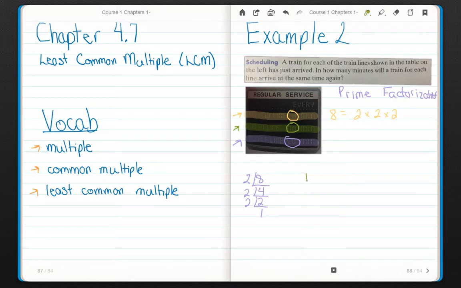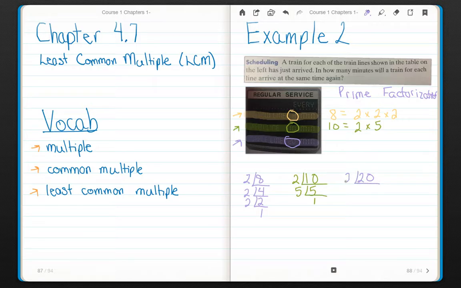Green line is 10 minutes. Smallest prime is 2. 10 divided by 2 is 5. Smallest prime is 5. 5 divided by 5 is 1, and I'm finished. So 10 equals 2 times 5. And prime factorization of 20.